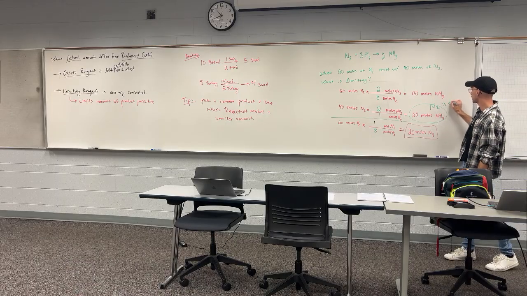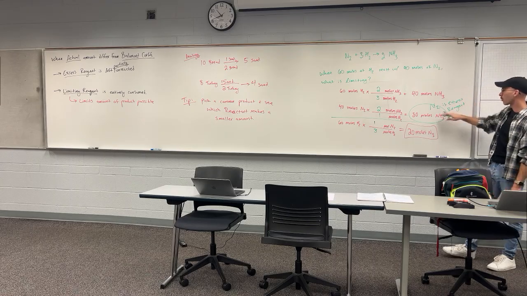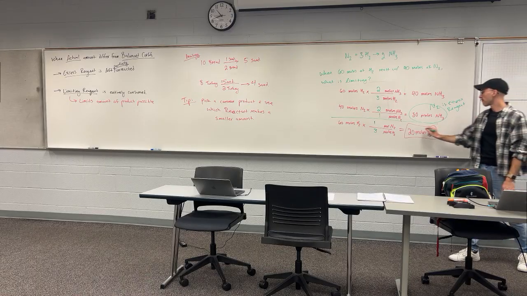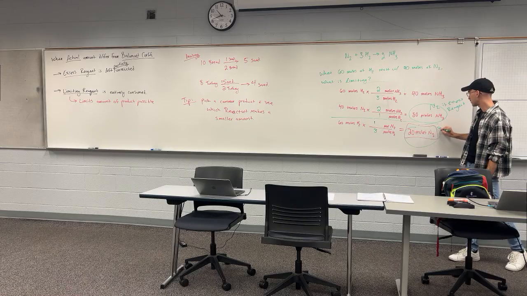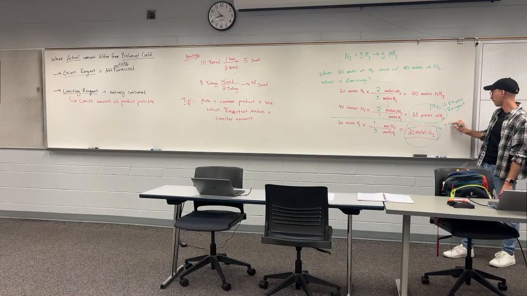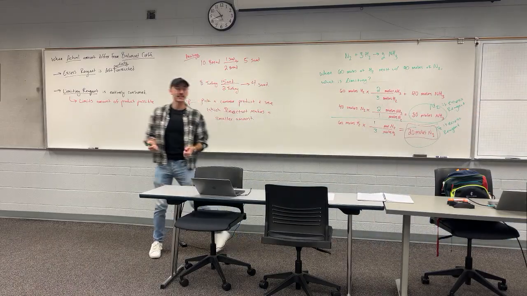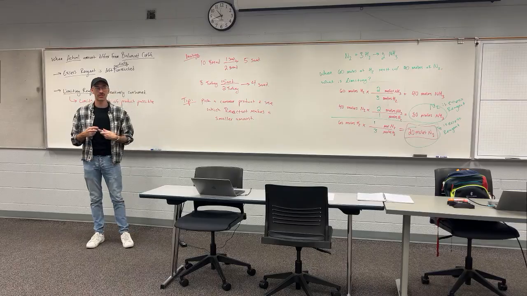N2 is excess reagent because it is capable of making more product, but it will run out of H2 before it can get there. N2 is my excess reagent because I have more N2 than I need to completely react with the H2.